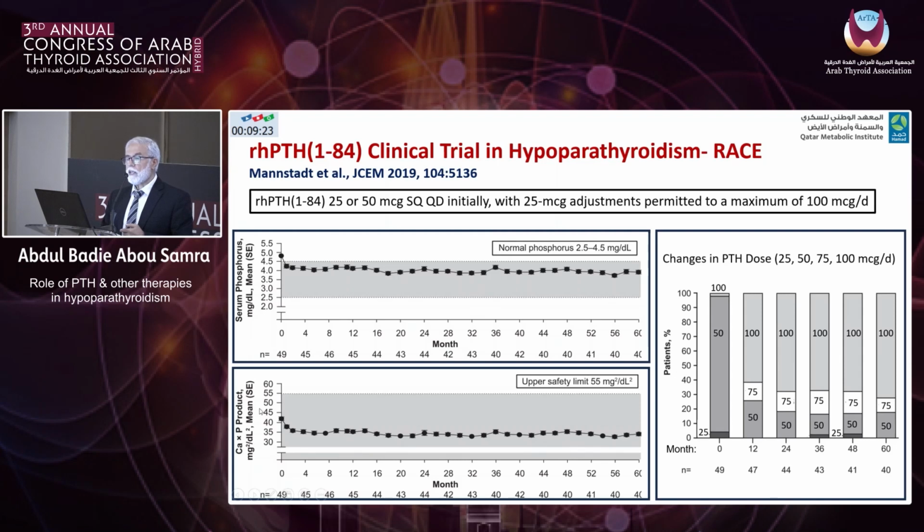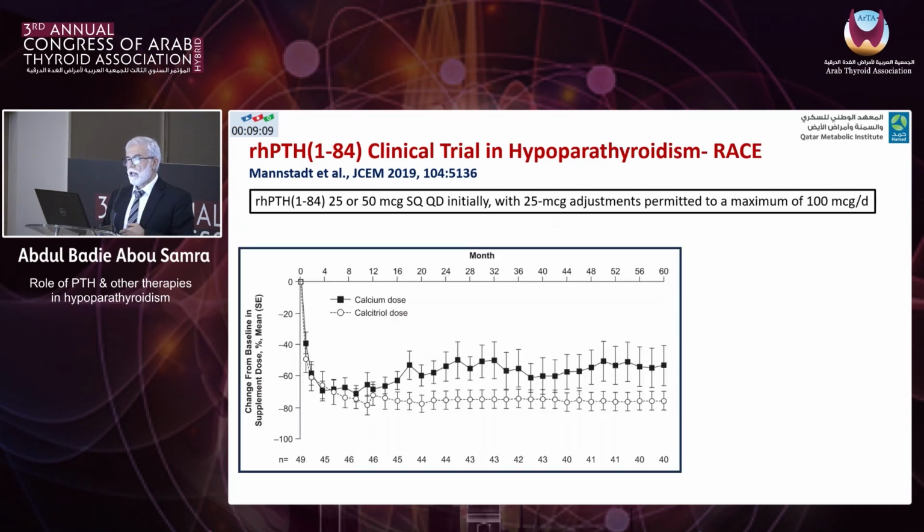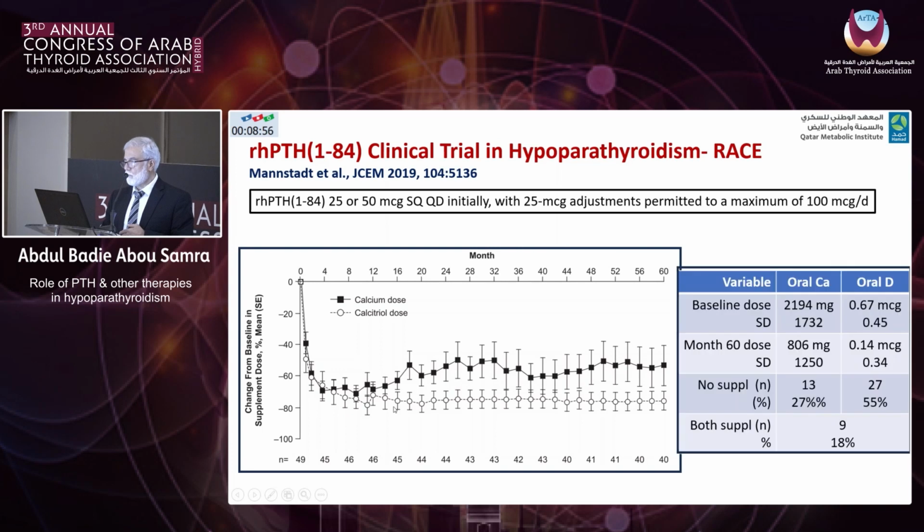Serum phosphorus is also normalized. And the calcium-phosphorus product, which is important whenever we talk about soft tissue calcification, came down. Here you are looking at the calcium dose, and you see we reduced the calcium dose significantly with this management.